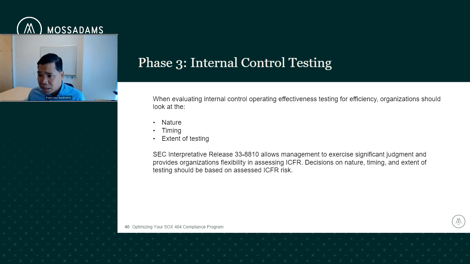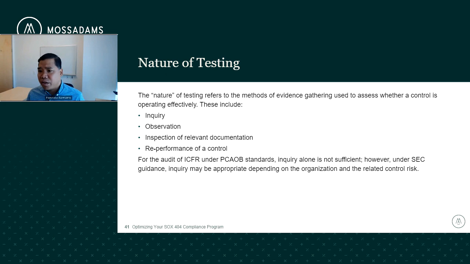But for management assessment, I would say half of the controls, generally, you can be more flexible in designing your test procedures to lessen the effort needed for those controls. The nature of the testing refers to the testing method. It's either an inquiry, where you inquire whether the control operates or not. It's almost similar to a self-assessment or a facilitated self-assessment.